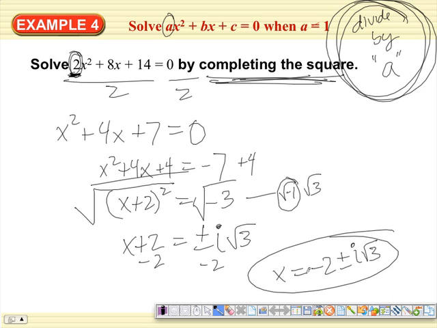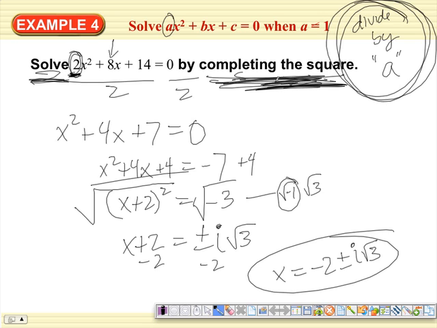Alright, be able to complete the square with an A other than 1. No big deal. Divide by A. Get rid of it. What if I gave you, instead of 8x, what if that was 9x? Is that going to change things? It's going to make things a little bit harder because you got fractions, but it doesn't matter. You can still solve. Here's the deal. You can always solve a quadratic by completing the square. Always. Can you always factor and solve? No, can't always factor, can you?